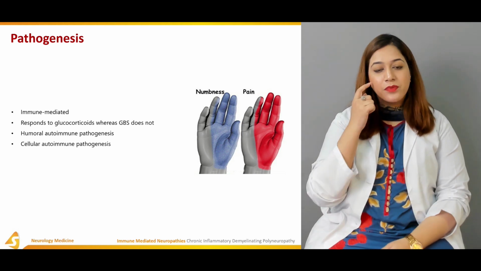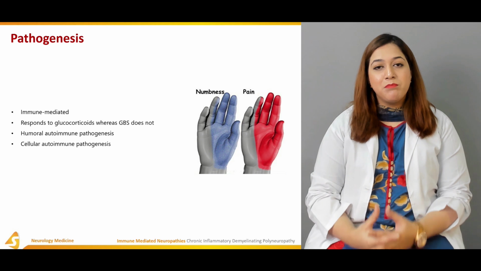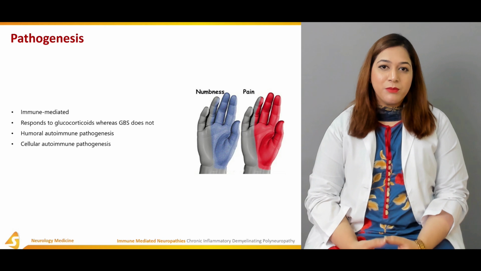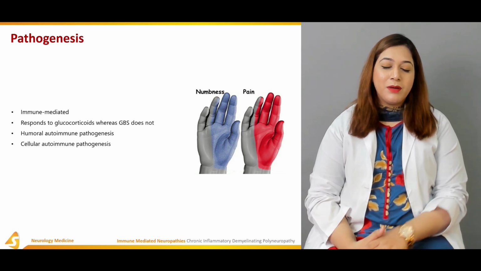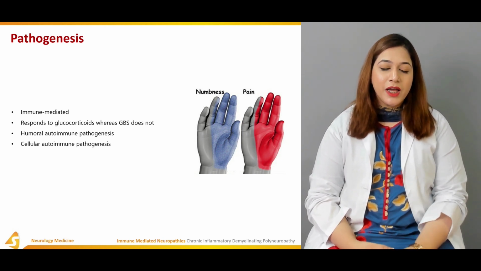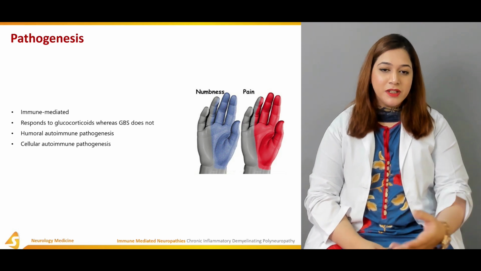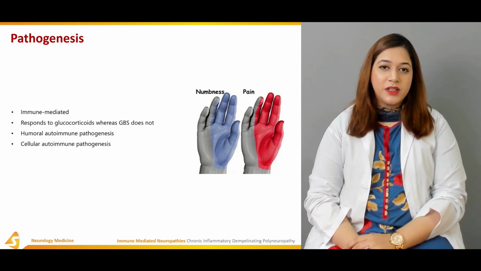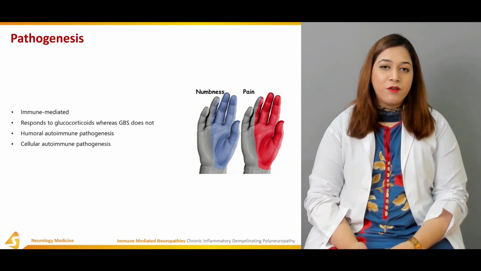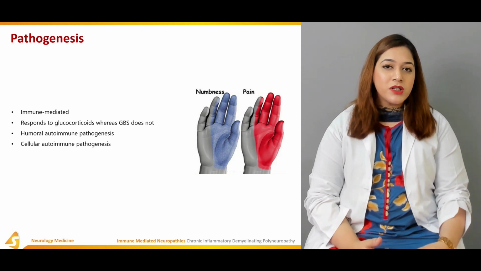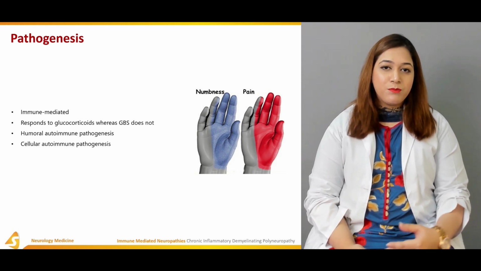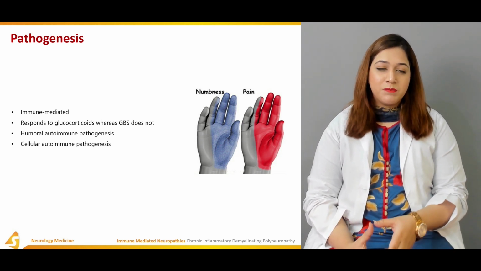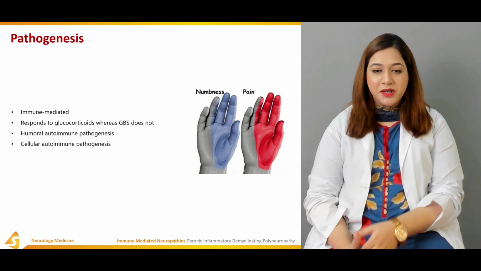In case of humoral immunity, it is implicated by the deposition of immunoglobulin and complement on nerve myelin, and also by passive transfer experiments that induce axonal blocks and demyelination by transferring serum and immunoglobulins from a patient with CIDP into experimental animals.